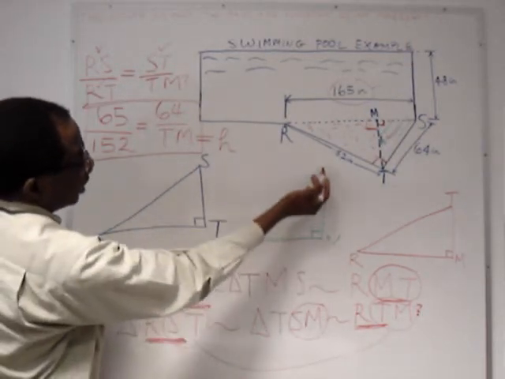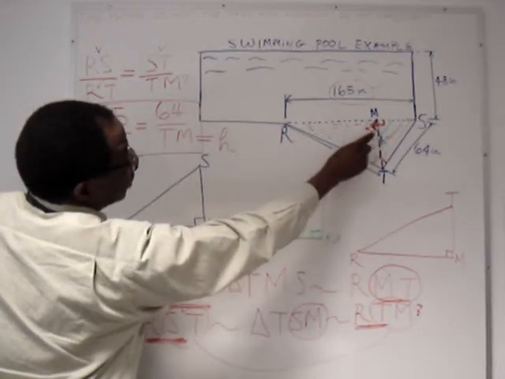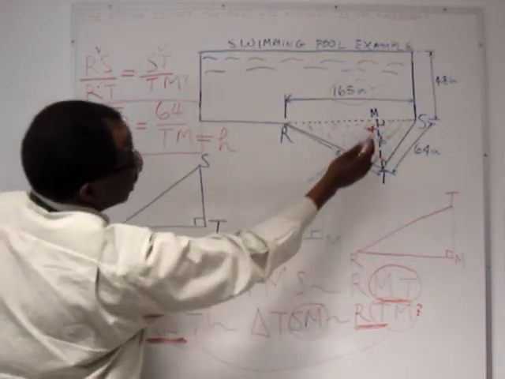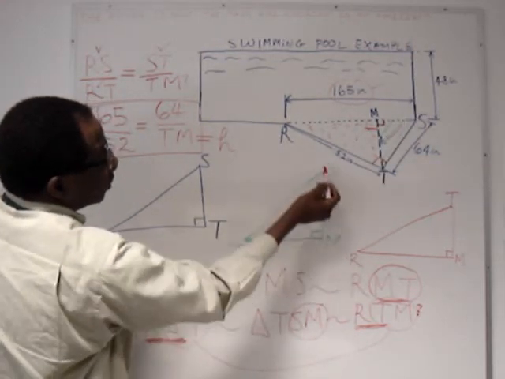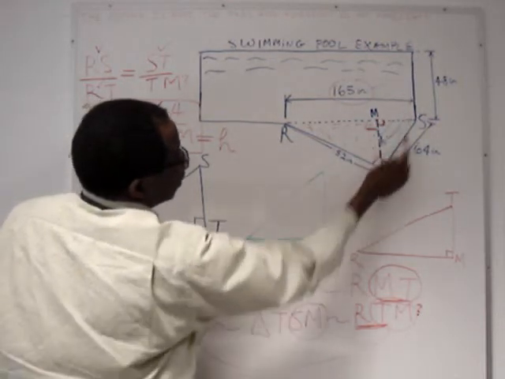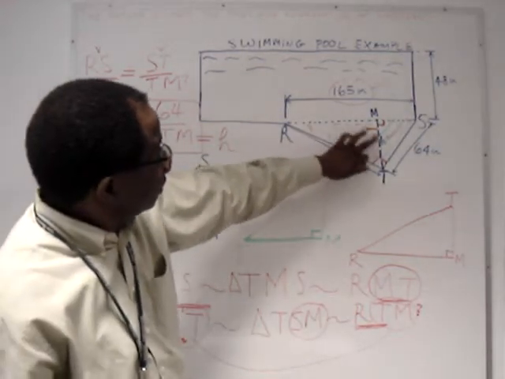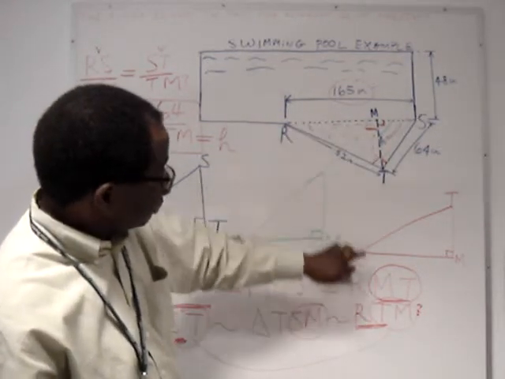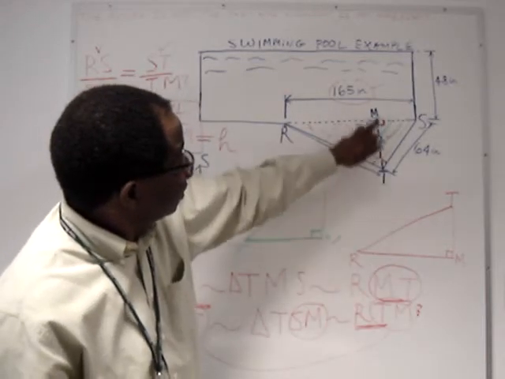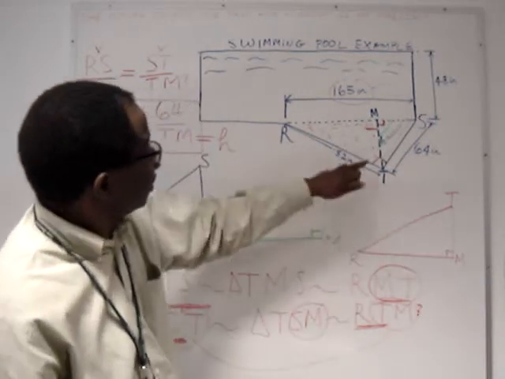The right angle is at point M, that's why you put the M down here, but you know that the short leg is S. Once you fix those two, it's easier to draw the third one, T, the triangle that I shaded in green here. And then the third one, dotted red here, the right angle is also at M, the short leg is TM, and the hypotenuse, of course, is TR.